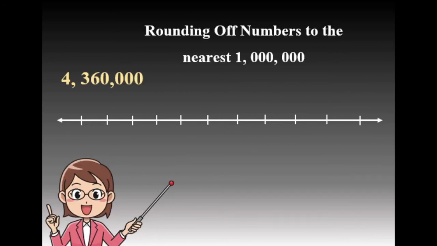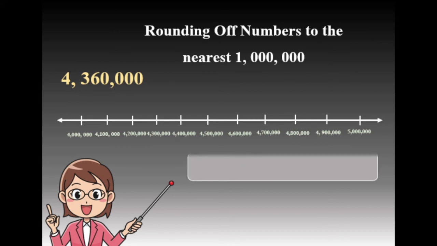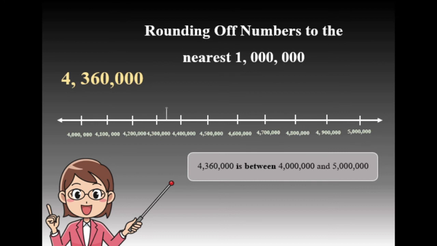Next, rounding off numbers to the nearest million. You have there 4,360,000. So let's begin with 4 million and up with 5. 4,360,000 is between 4 million and 5 million.